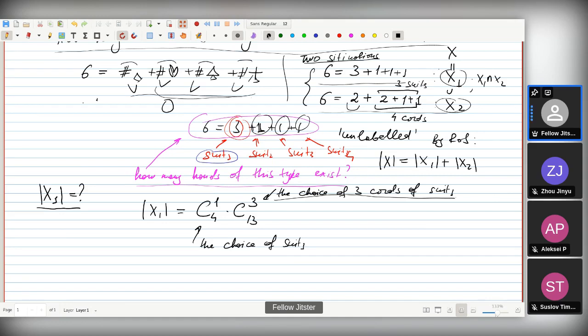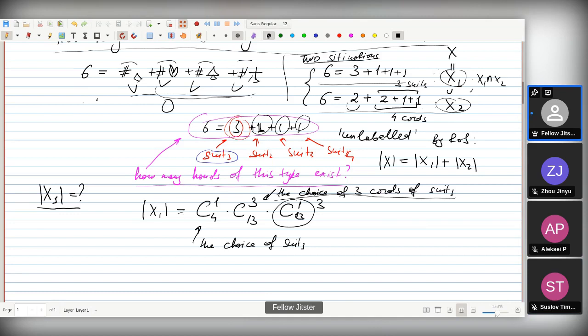These are all the suits except suit 1. For each of these suits, say diamonds, clubs, and spades, we need to choose 1 card for each. Is this idea clear? Yeah.